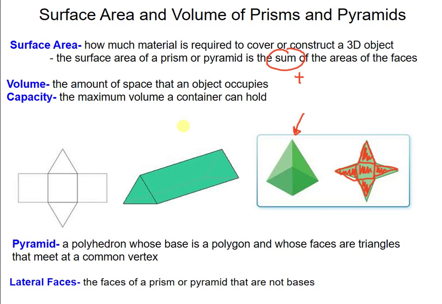Now the volume is the amount of space that an object occupies, whereas the capacity is the maximum volume that a container can hold. You can have a glass of orange juice and your glass is probably not filled up all the way.